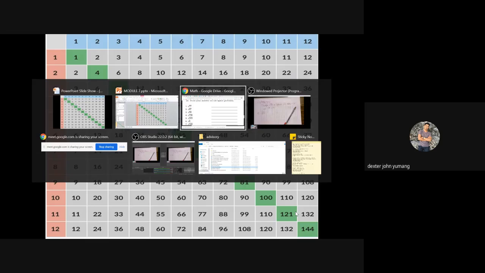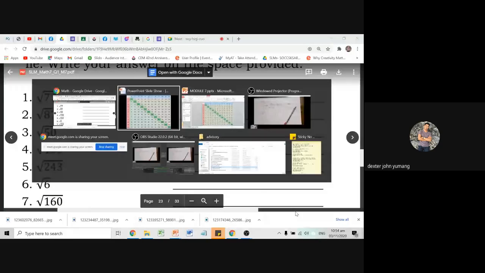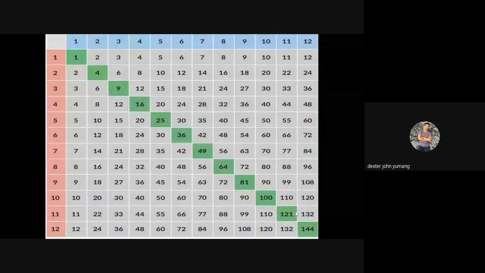Itong square root of 50. Tingnan natin sa table. Between what number? 5 and 10? 5 and 10 nga ba?